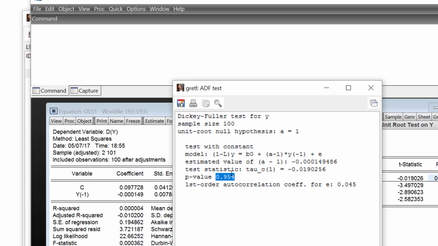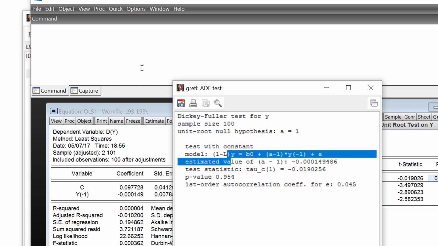If you want to decode the information provided, it says that the unit root null hypothesis is a equal to 1. So a, that is our rho parameter. The model is 1 minus L times y. This L is the lag operator. So this part here, 1 minus L, is the same thing as taking the first difference.